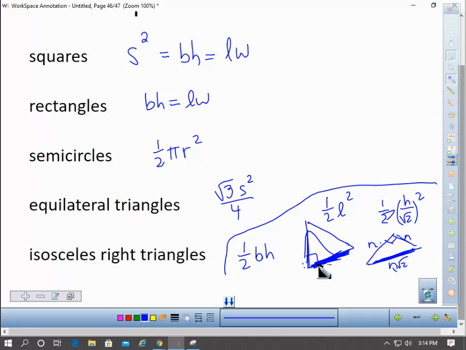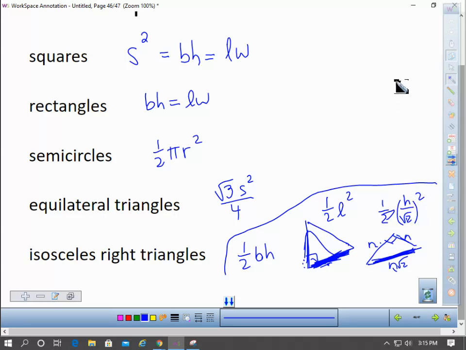So if one of those is on the bottom of the area, then it's 1/2 whatever that length is squared. But if the hypotenuse is the one that's down on the area that you're building, if they turn the hypotenuse down, then you have to take the hypotenuse length and divide by square root of 2 first to get the length of your 2 legs, and then it'll be 1/2 leg squared.